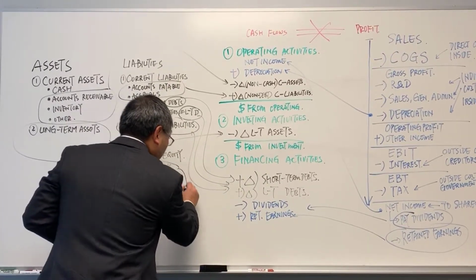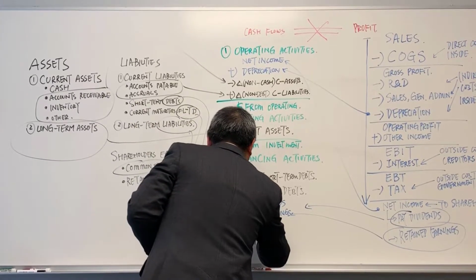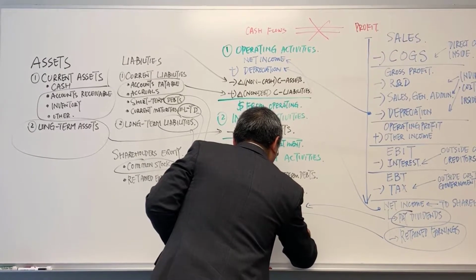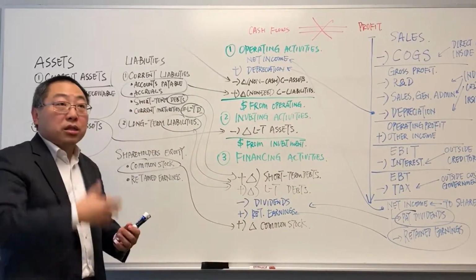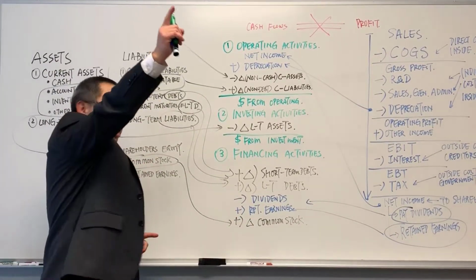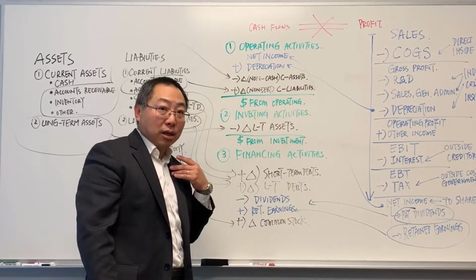You are going to add the change in common stock. Because if we issue more common stock, this level will go up. That means I sell more common stock into the market, I have more cash in.